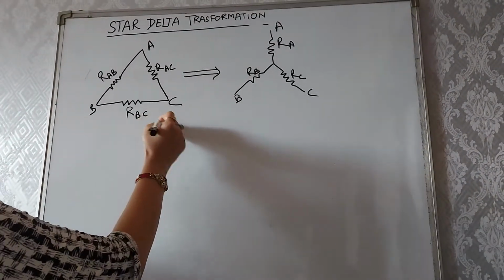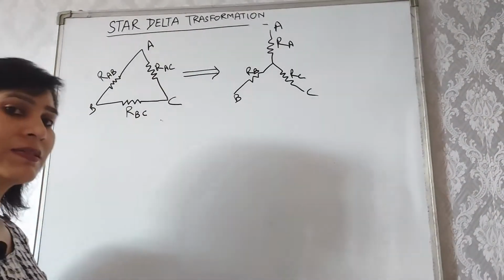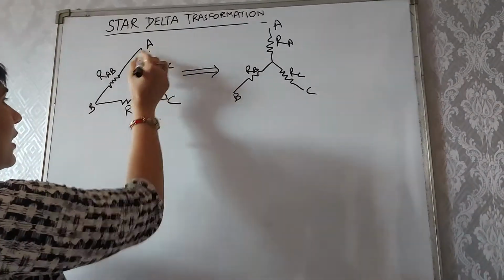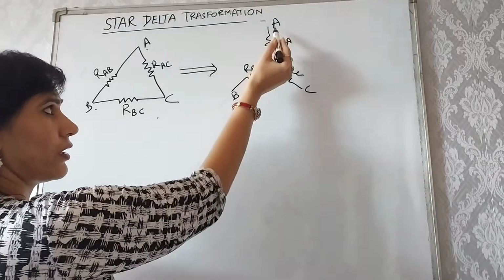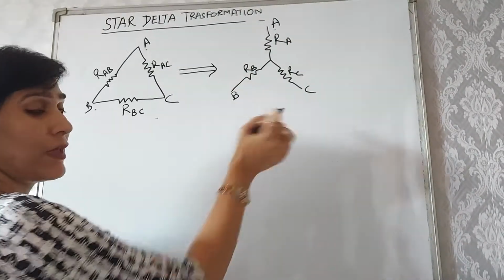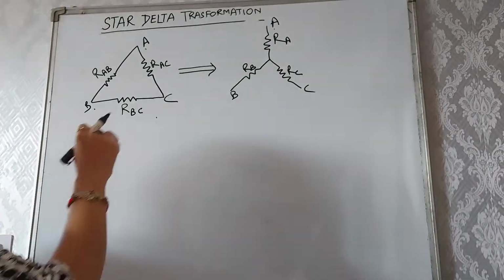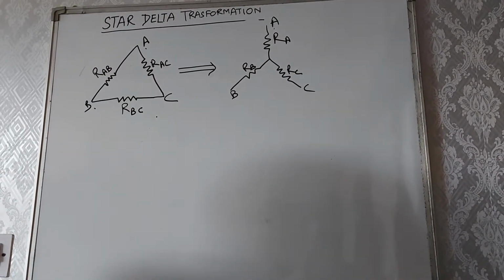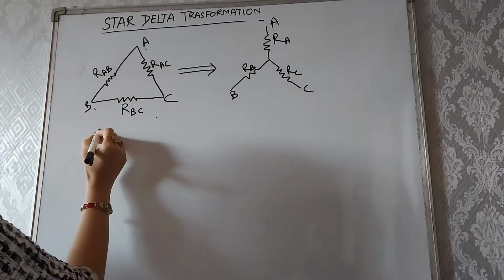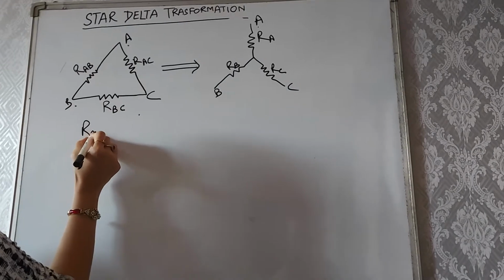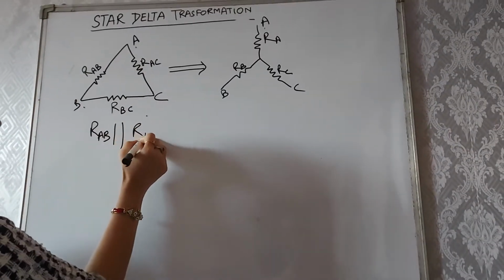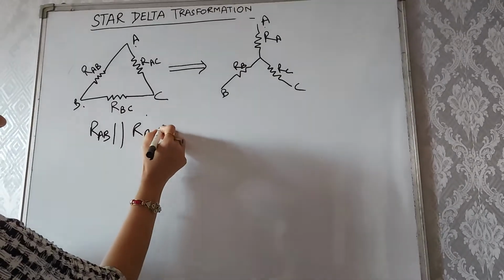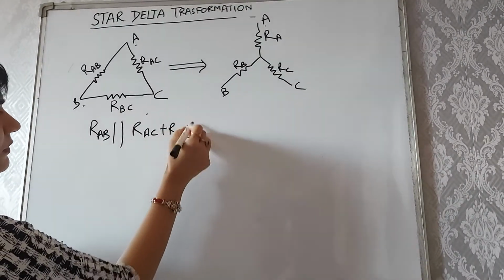This is our delta diagram. Here we have one assumption that the points A, B and C are open. Similarly, here in the delta we have A, B and C open. So when we consider these points as open, here RAB is in parallel with RAC and RBC.